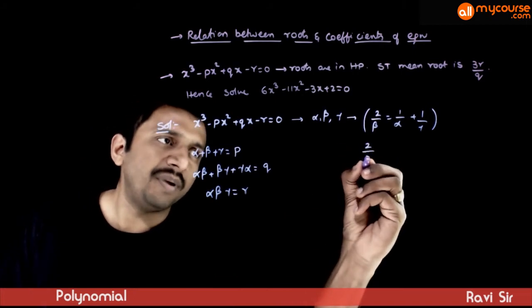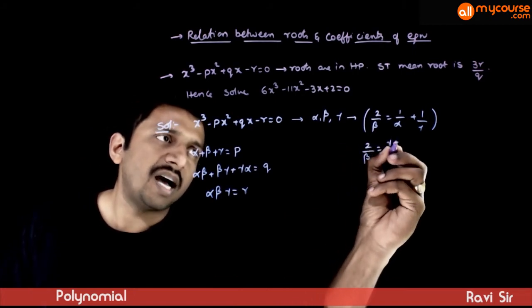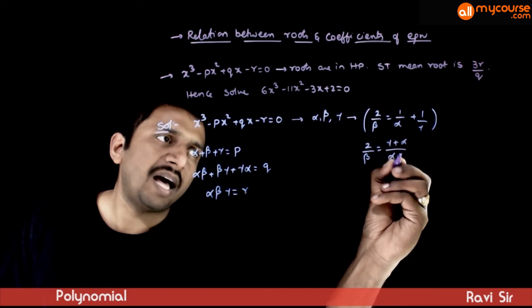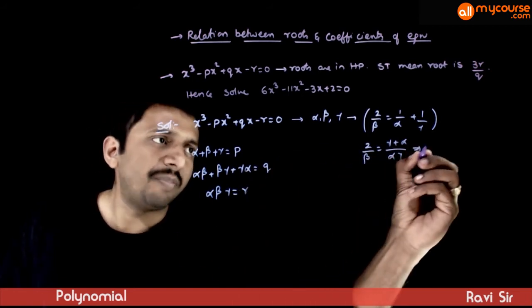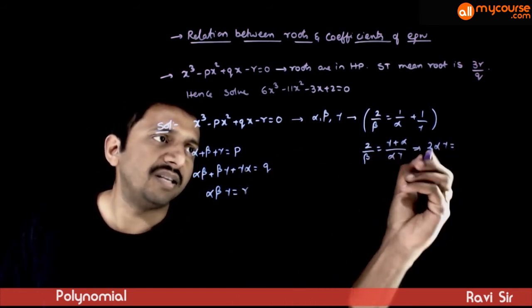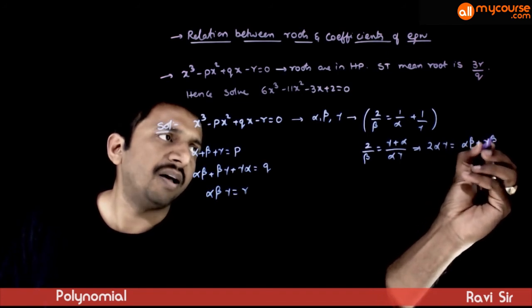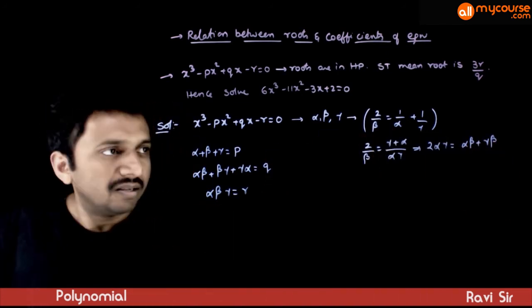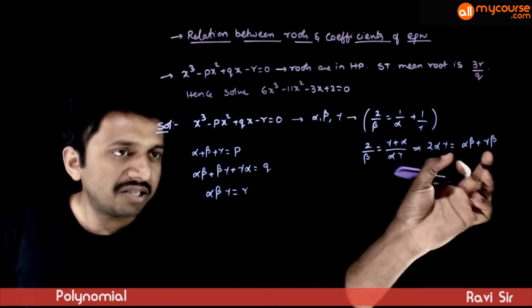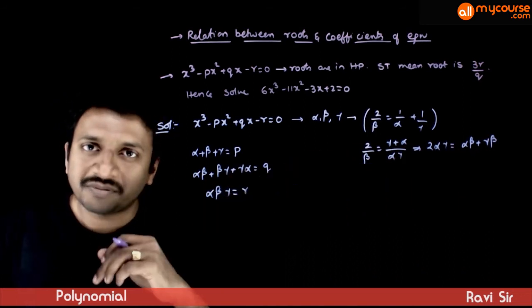So 2 by beta is equal to gamma plus alpha by alpha gamma. This implies 2 alpha gamma is equal to alpha beta plus gamma beta. So you can very clearly see that this condition is more related to this condition.